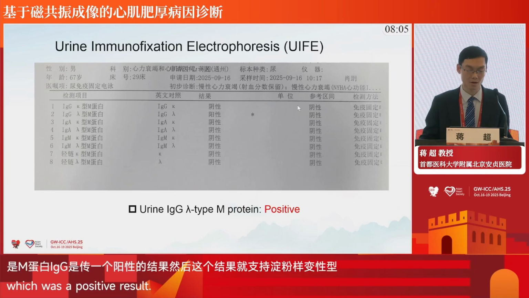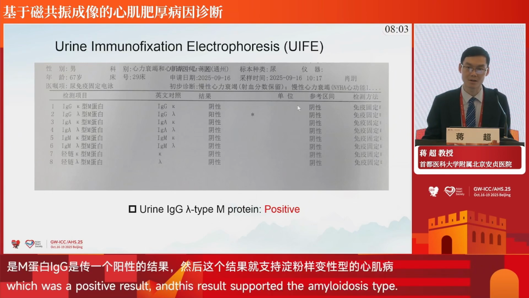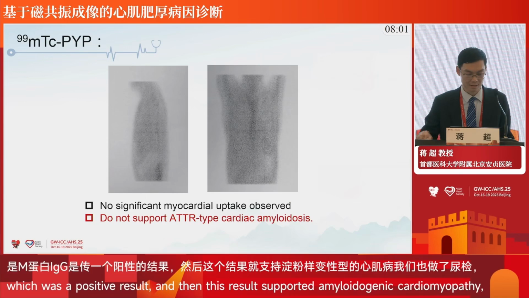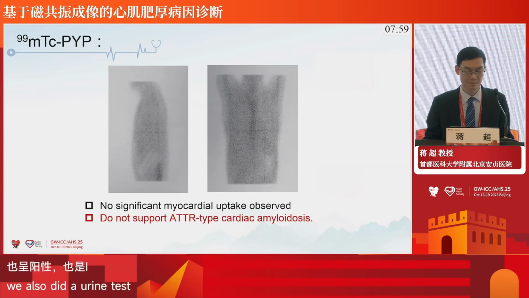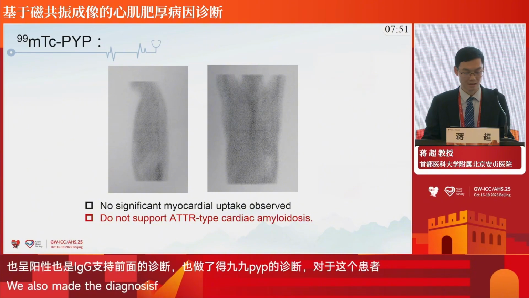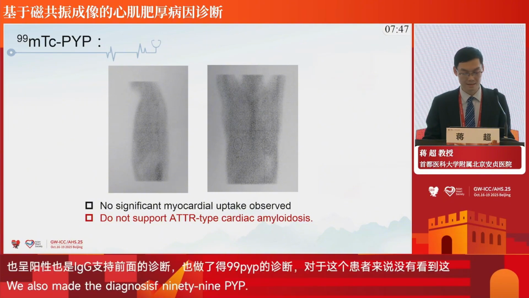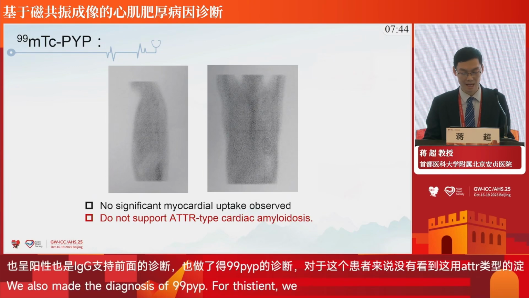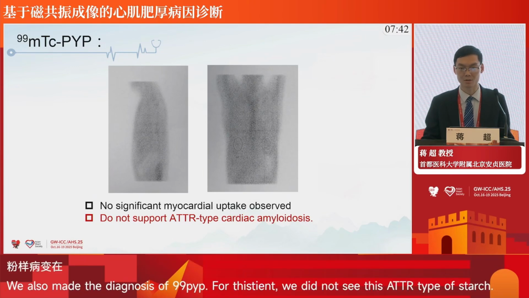The urine test is also positive. It also supports the diagnosis. We also performed the PYP test for this patient, but we found no significant myocardial uptake. So this test does not support ATTR-type amyloidosis.